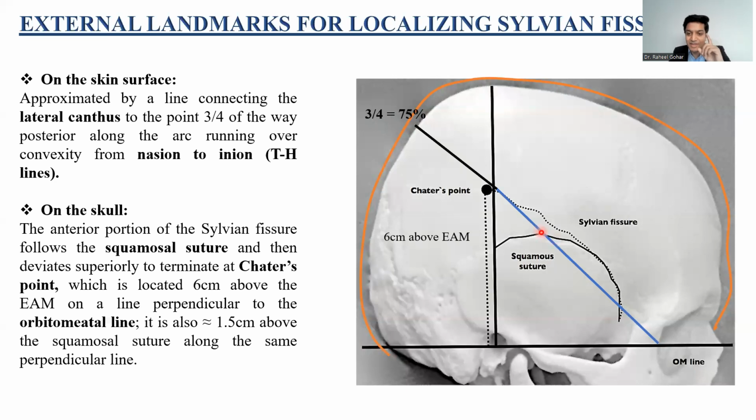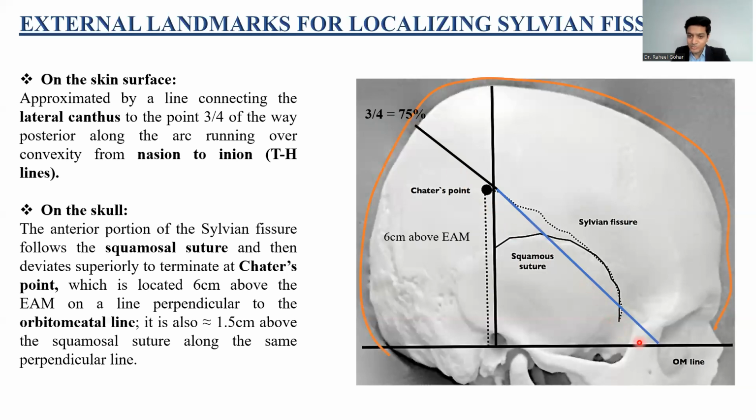Simply, the first way of identifying the lateral sulcus is to identify the squamous suture. Now the second way, you divide the nasion-inion line and take the 3/4 or 75% point and mark it. Then you draw a line from the lateral canthus and you join this line with the 75% of the nasion-inion line. This is actually representing the sylvian fissure or the lateral sulcus.